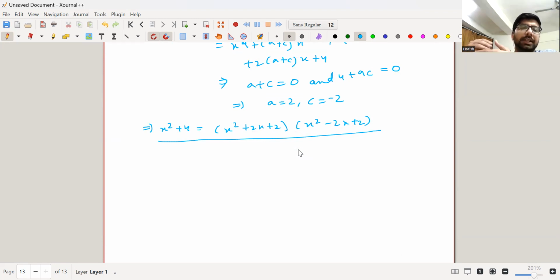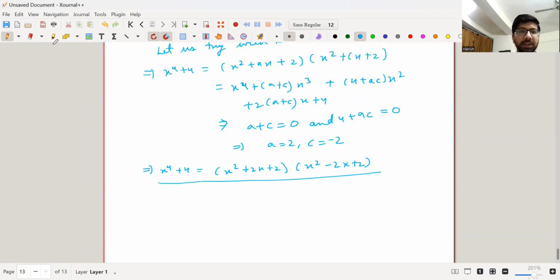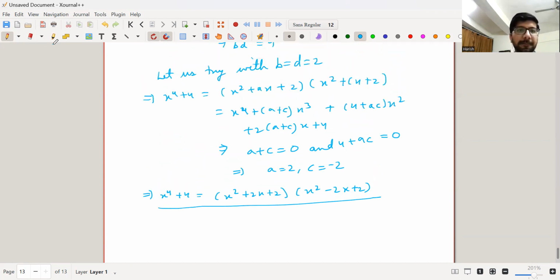You can first see whether it has linear factors, and if it has a linear factor, then it is reducible, and if it is not having linear factors, then try to expand it as a product of two quadratic polynomials. Okay, so that's it. I hope it's clear. If any doubt or question, then you can ask. Otherwise, we will stop here.